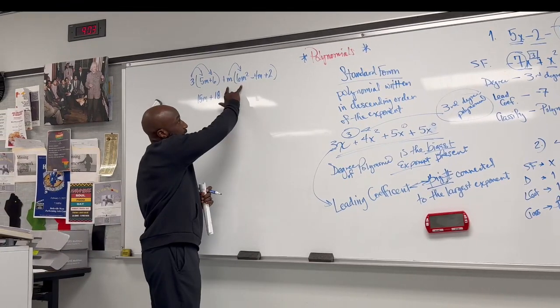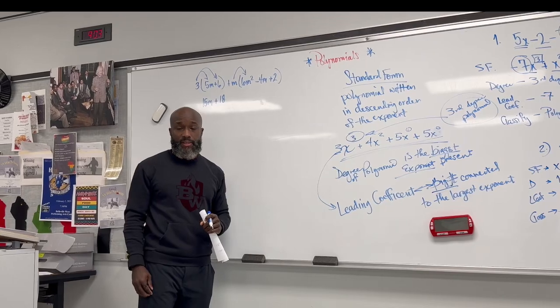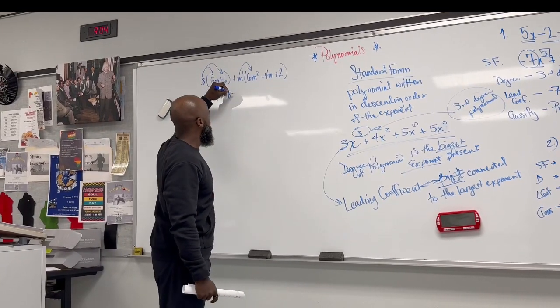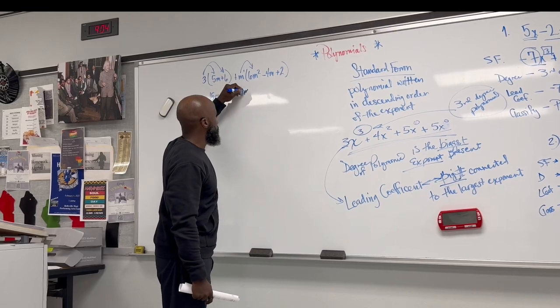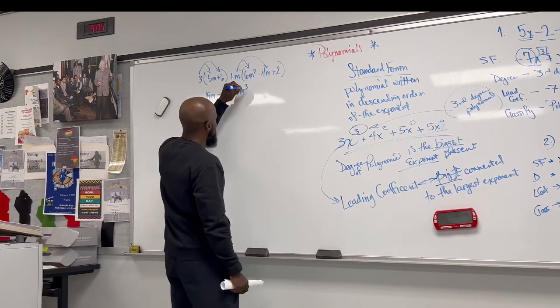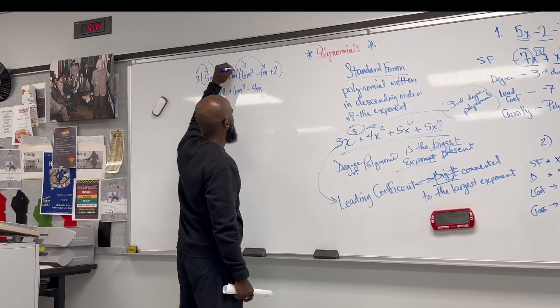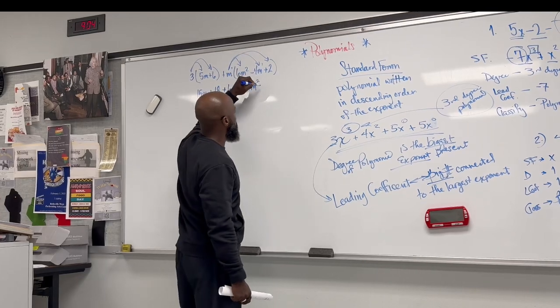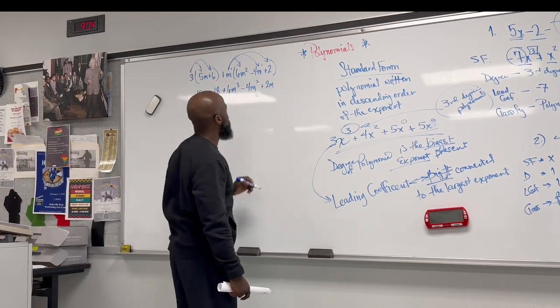When we multiply variables, what do we do to the exponents? Add them. So that's 1 plus 2, so that's going to be 6m to the third. M times negative 4m is negative 4m, 1 plus 1, to the second. And then m times 2, which would be 2m.